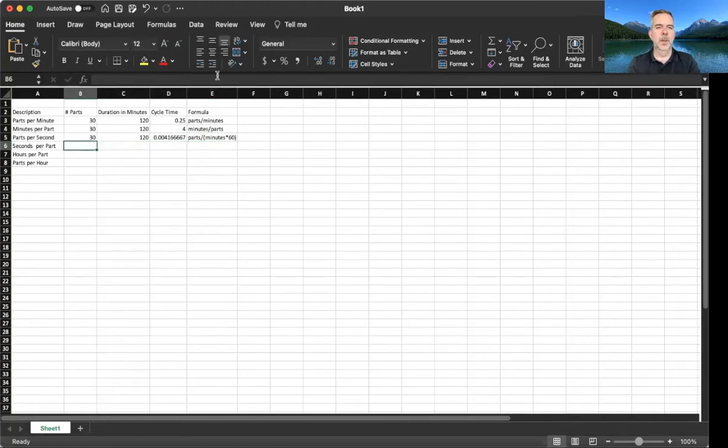So what about seconds per part? Let's do the same number of parts, which is 30. And we're still going to do 120 minutes, so 2 hours. So we're going to take time, 120 times 60 to turn minutes into seconds, right? Divided by parts, 30.